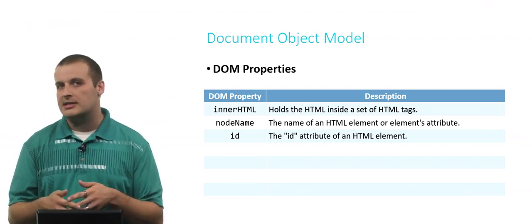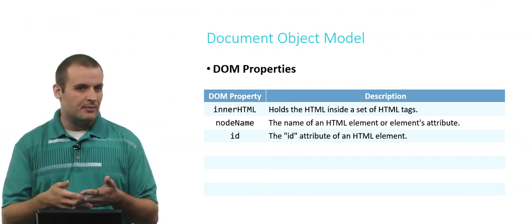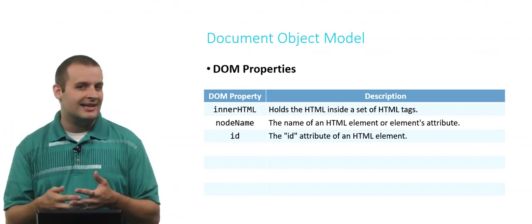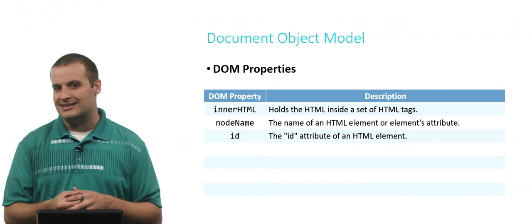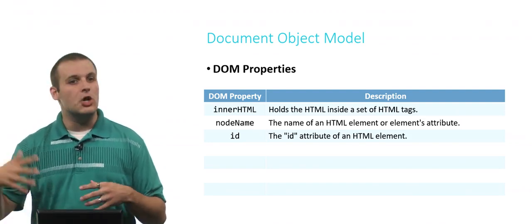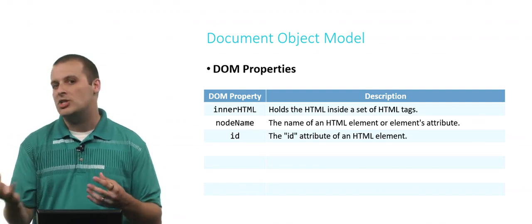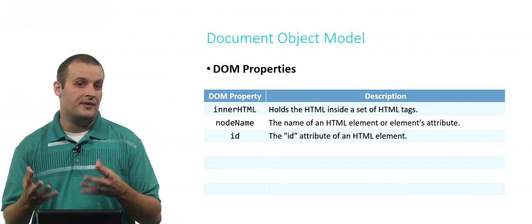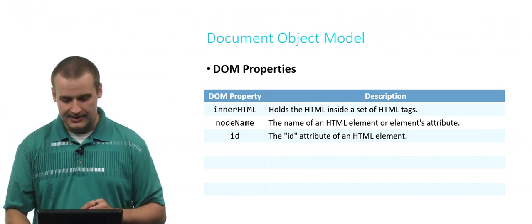We usually use this in the context of CSS, for example, to style one particular node or one particular set of tags in our HTML with a certain style. We can give it an ID so that the CSS knows which section of the page to apply that style to. So this property would just allow us to figure out what the ID of that particular node is.